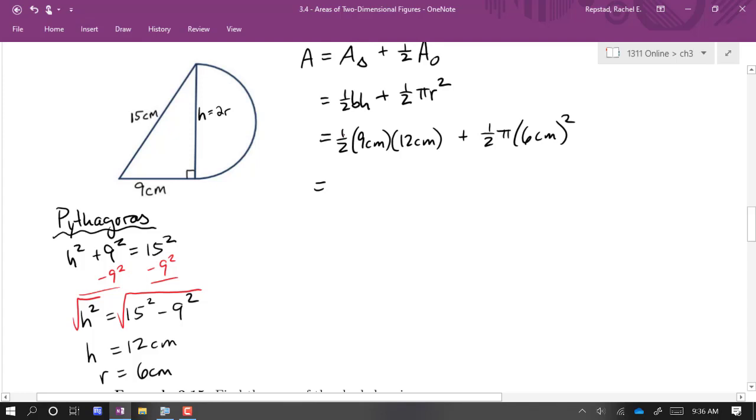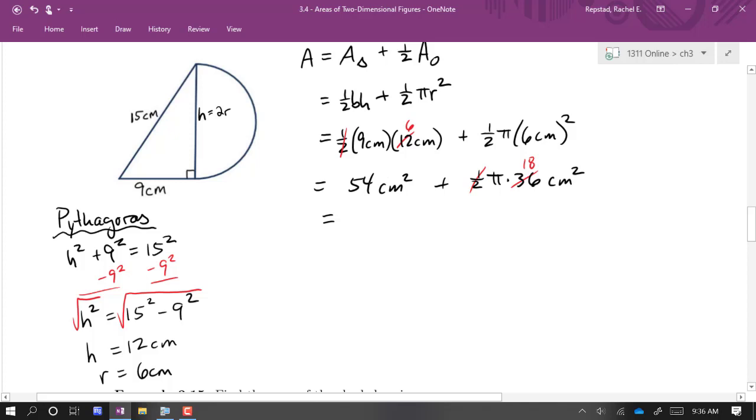1/2 times 12 is 6. 6 times 9 is 54 square centimeters plus 1/2 pi. 6 squared is 36 square centimeters. 1/2 times 36 is 18.